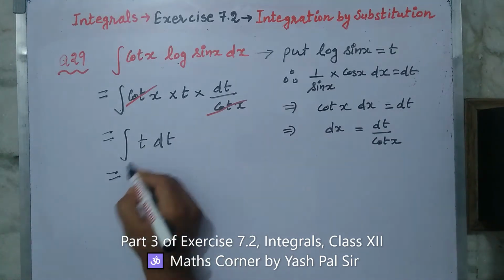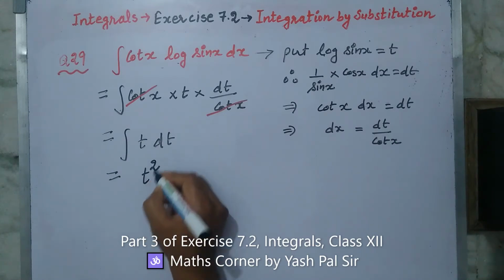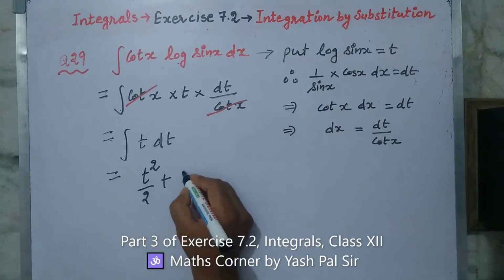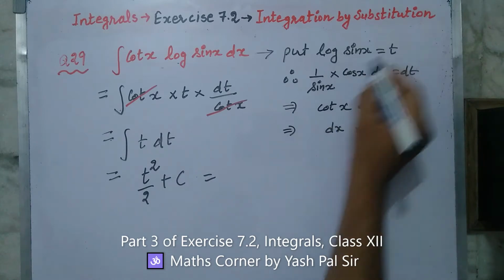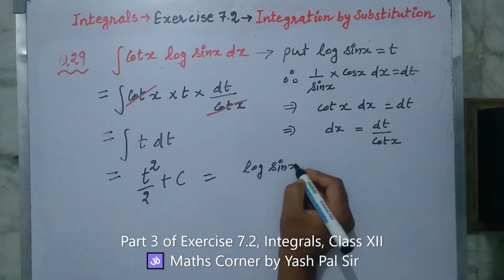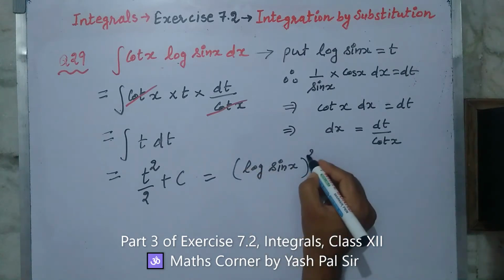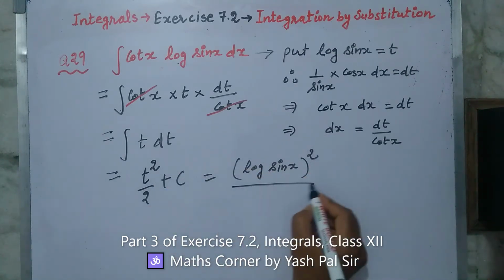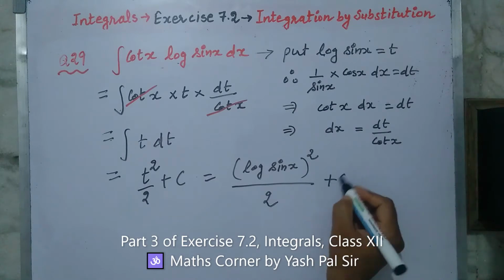So the integration of t is t square upon 2 plus c. The value of t is log of sin x, its whole square upon 2, plus c.